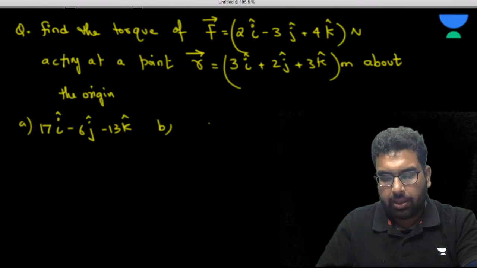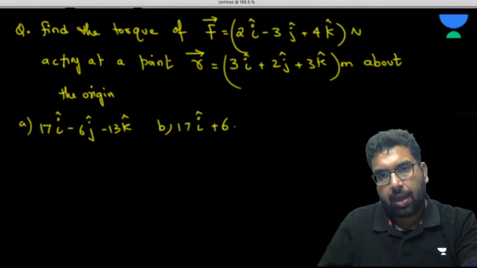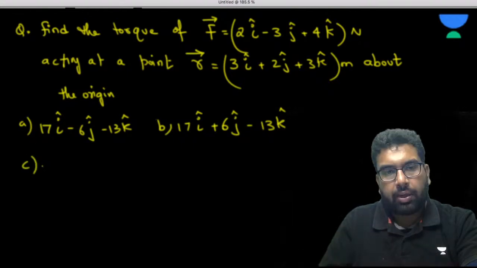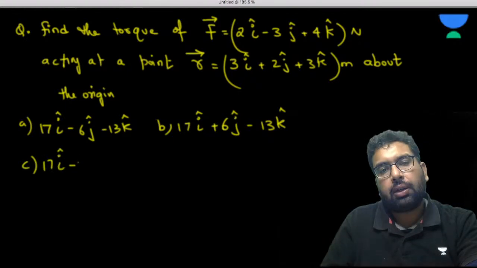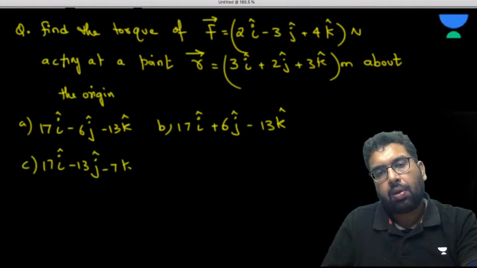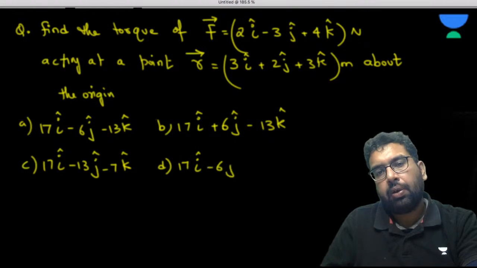Option B is 17 of i cap plus 6 of j cap minus 13 of k cap. Now option C is 17 of i cap, minus 13 of j cap, minus 7 of k cap. And option D is going to be 17 of i cap minus 6 of j cap plus 13 of k cap.